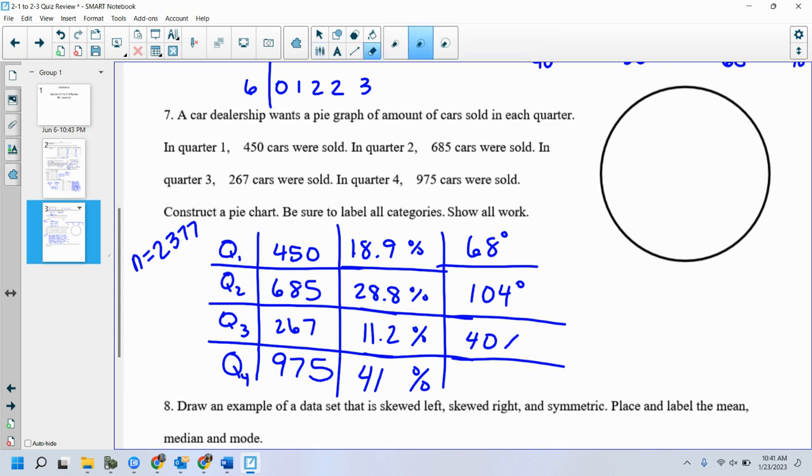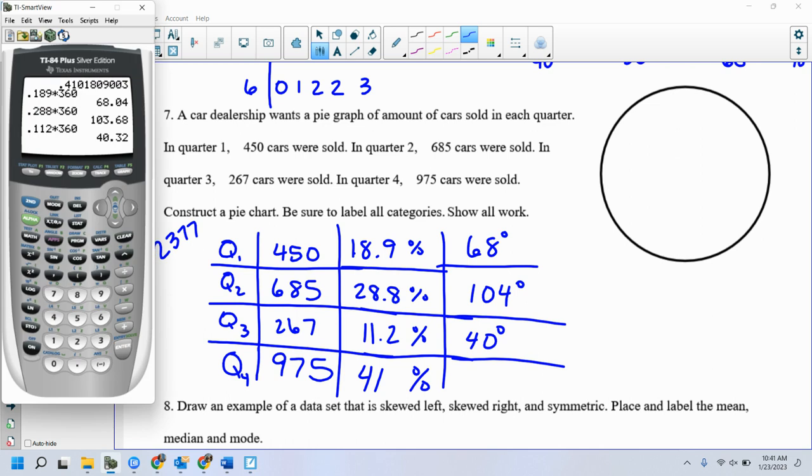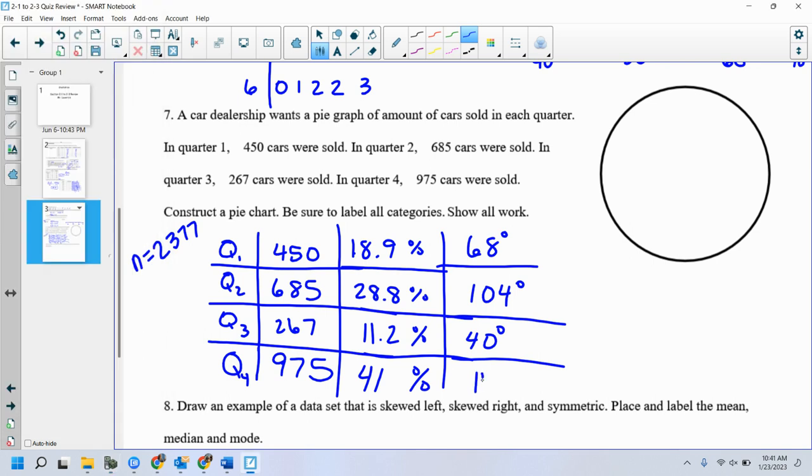Oh, not percent, degrees. And then our last one, the big guy here, 0.41 times 360, 148 degrees.